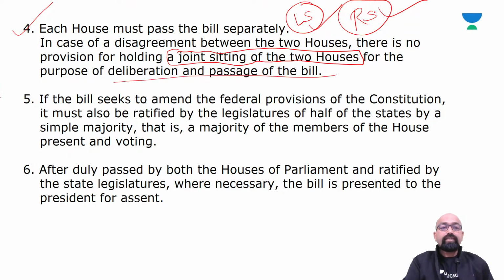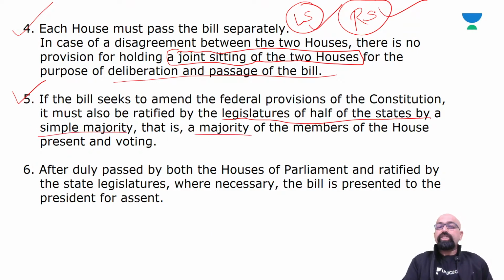All right, next, if the bill seeks to amend the federal provisions of the Constitution, it must also be ratified by the legislature of half of the states by a simple majority. We'll see all those details in this lecture itself.